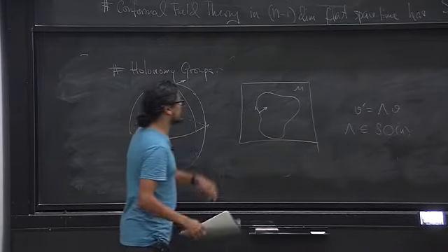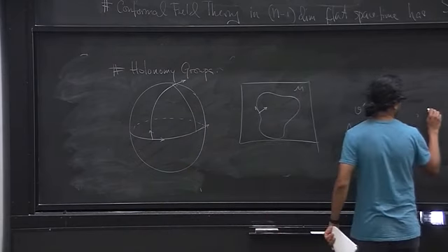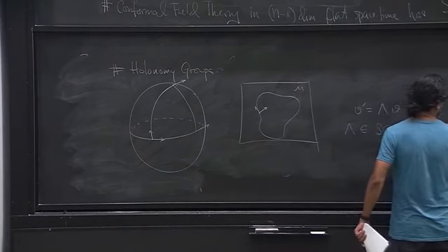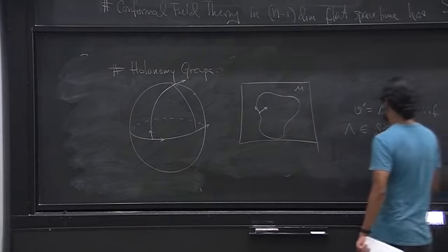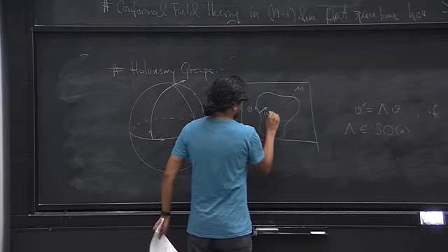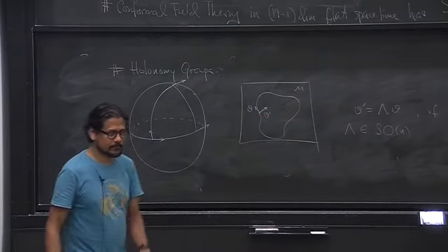This is the parallel propagated vector. If we make the constraint that the length of v doesn't change, then it must be that this v and this v prime are just rotated from each other.